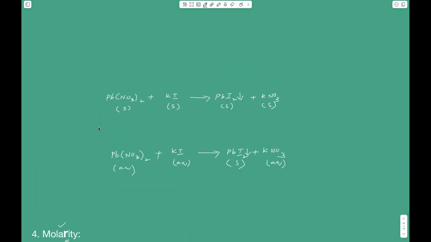Now let us consider this chemical reaction again between solid lead nitrate and solid potassium iodide. For stoichiometric calculations, what is it that you need? You need to know the number of moles of lead nitrate and potassium iodide that you have mixed with one another, right?